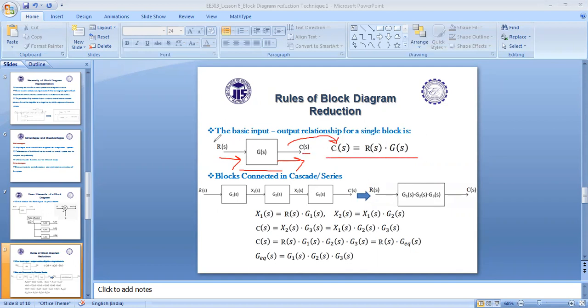That means the input R(s) is entering a transfer function G(s). So finally the output will be C(s) equals R(s) multiplied by G(s). That means if the input is passing through a transfer function block, then the output will be the product of the input and the transfer function of the block.